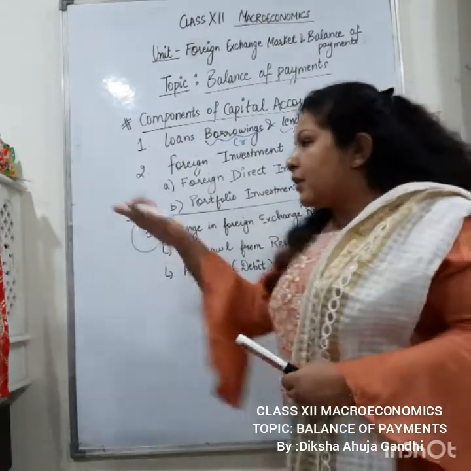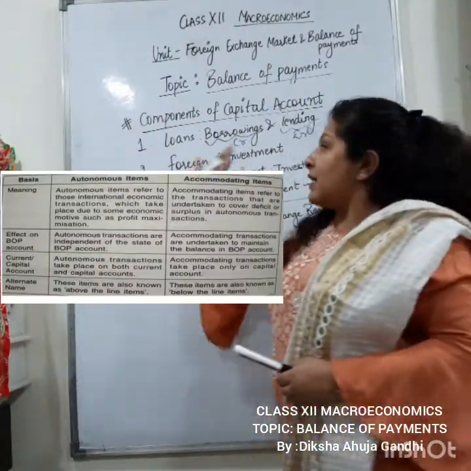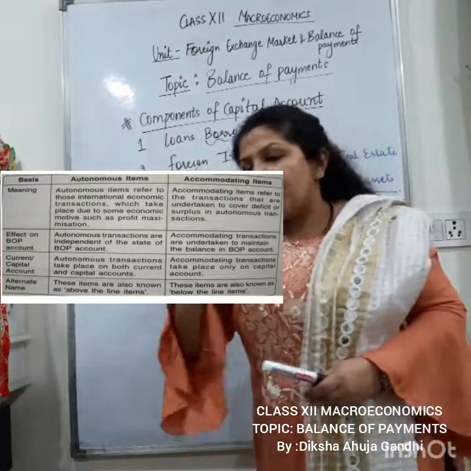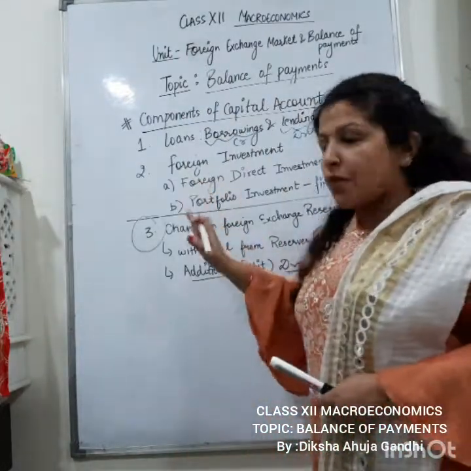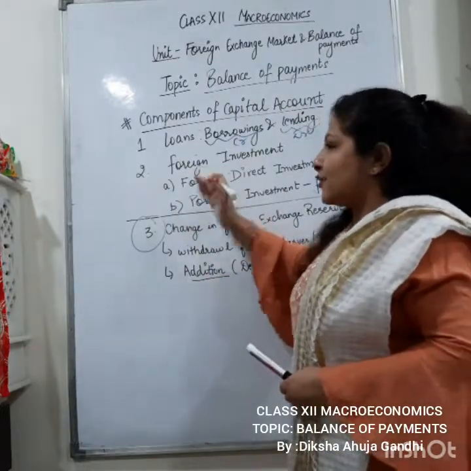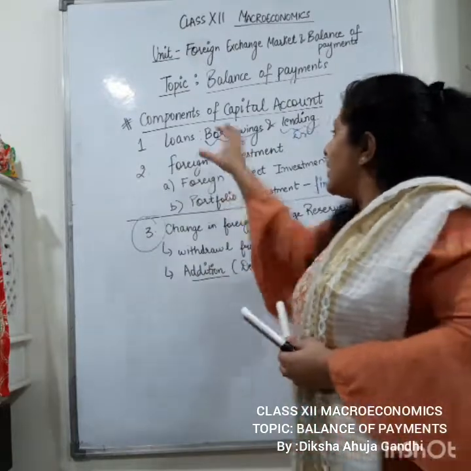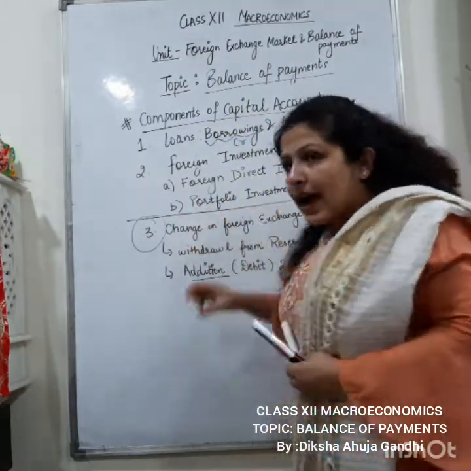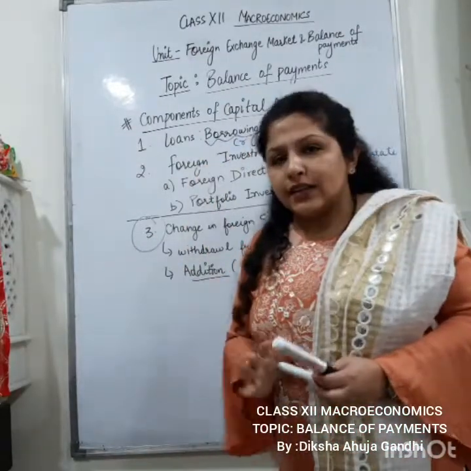These are to be done below the limit. तो इसका एक other name है below the line items. And ये सब बिना सोचे समझे होती है, as in BOP deficit में जाए और surplus में we do not care because done for profit motive. So these transactions are above the limit, so above the line items, right? This is only included in capital account, and the autonomous items is being included in capital and current account both.